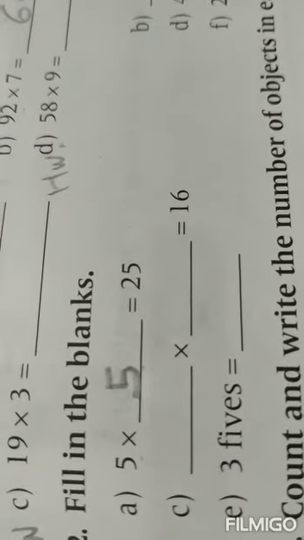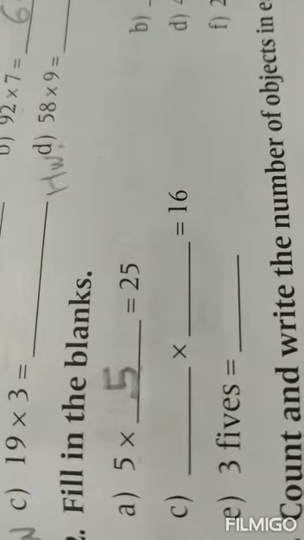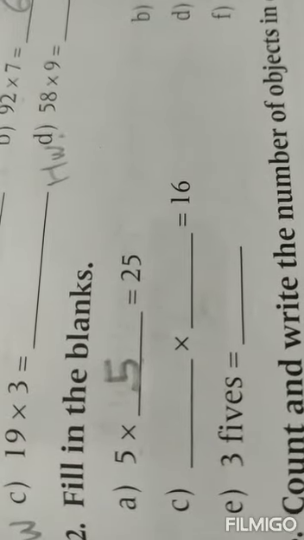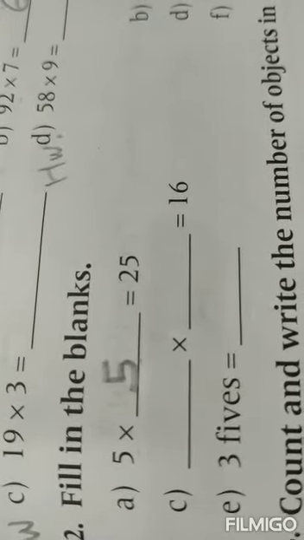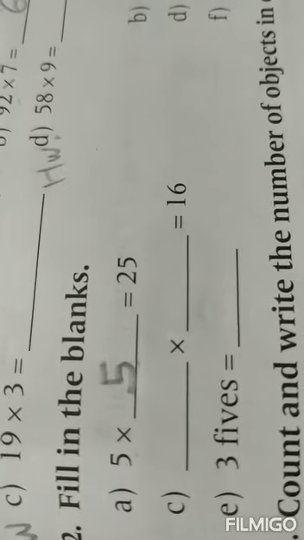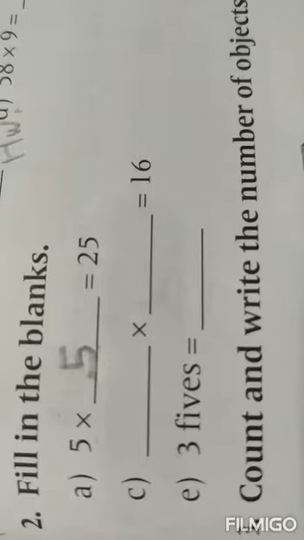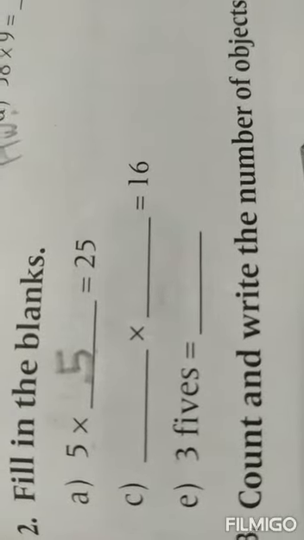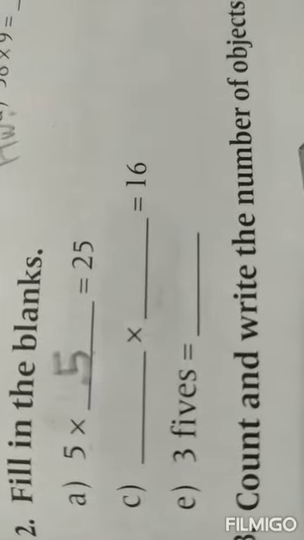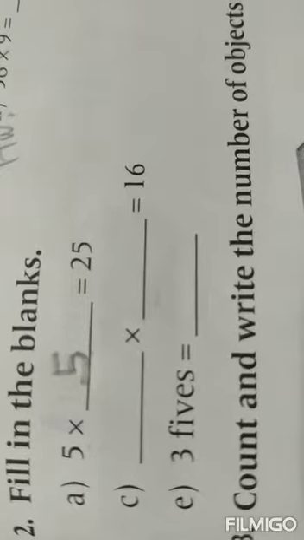Here we have to find out 2 numbers which multiplied with each other to get answer as 16. So children, if we multiplied 8 with 2, 8 2s are 16.